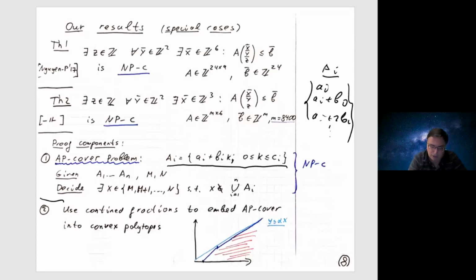So in fact, if you take some alpha, a rational number, and look at the set of points below the line, there are arithmetic progressions that you see on the edges of the polygon below the line. This is something that should be familiar to many of you. It's especially nice when alpha is the golden ratio or something like that.